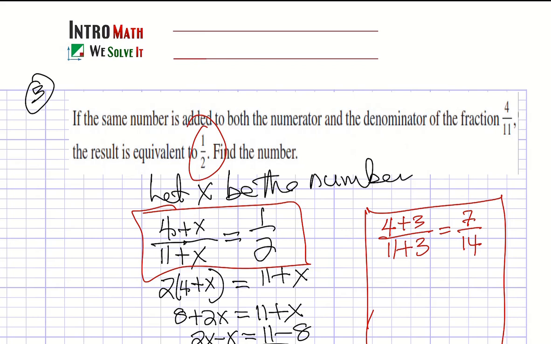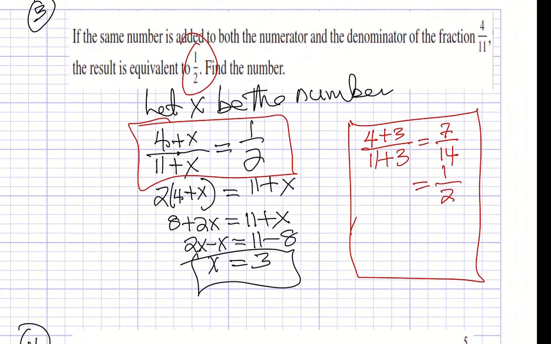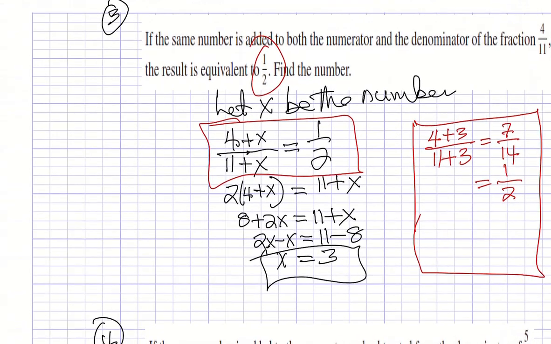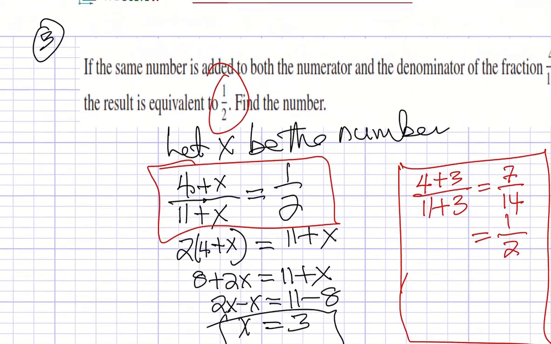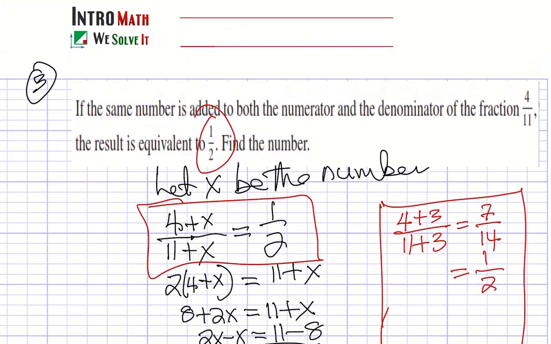I say yes. Look at that: 7 divided by 7 you get 1, 14 divided by 7 you get 2. So yes, it's equivalent. So we'll move on. Don't waste time, just run. Move on, man. You don't overthink any problem. If you overthink it, then it catches up with you.